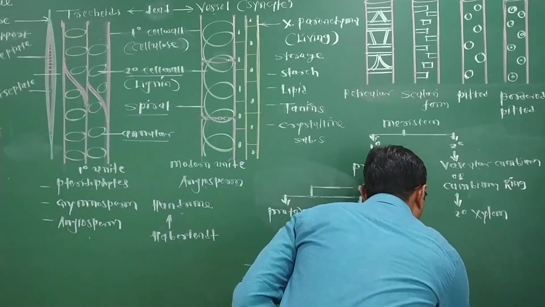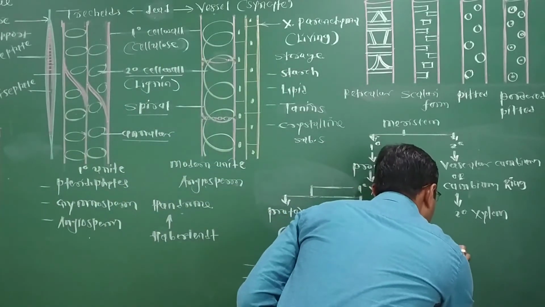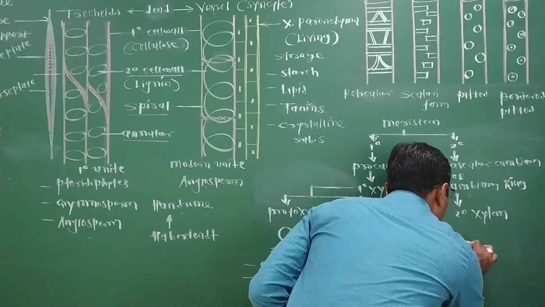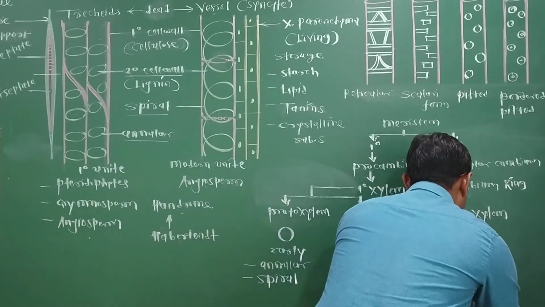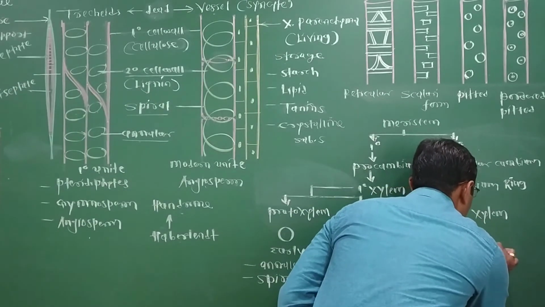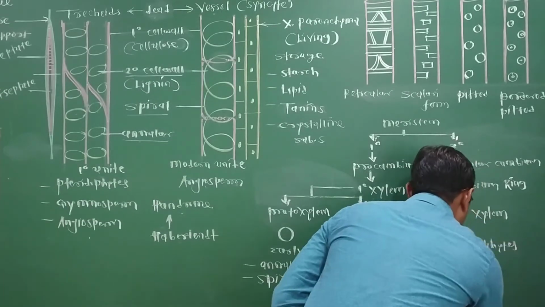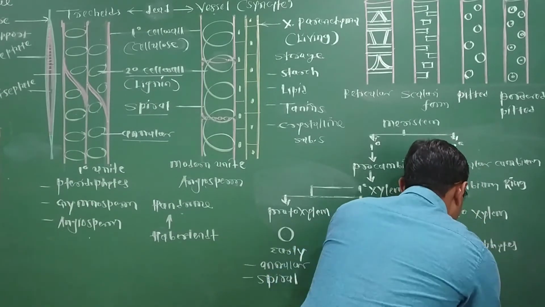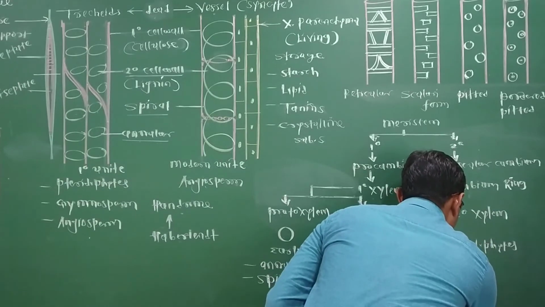Scalariform thickening is present in most pteridophytes and gymnosperms.